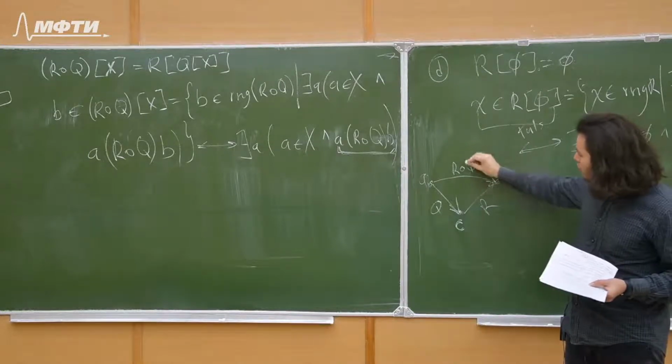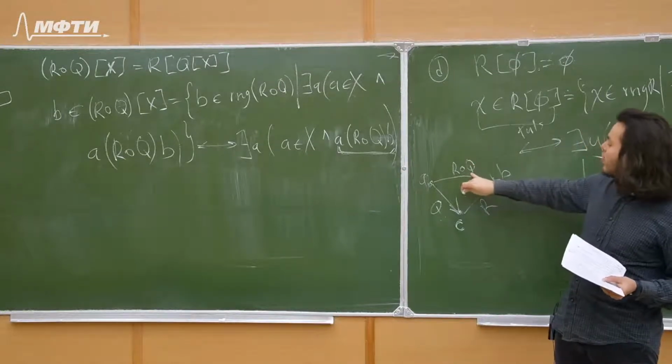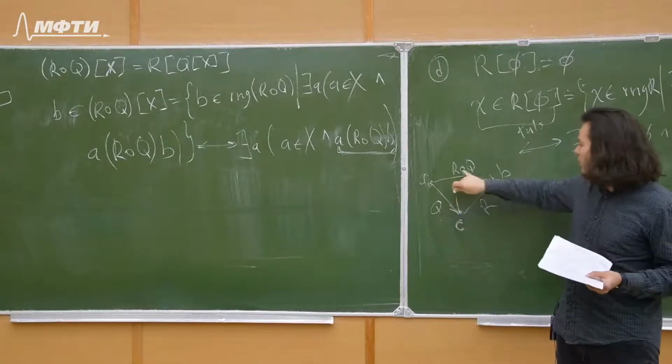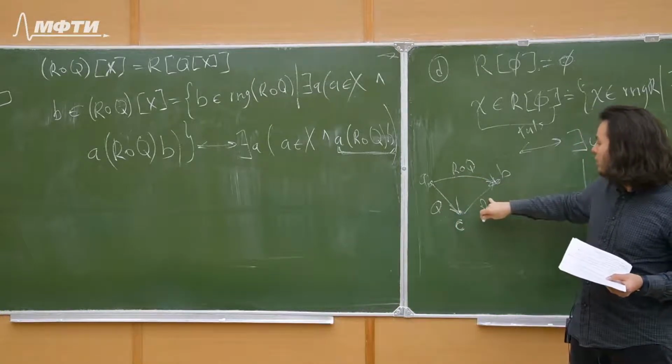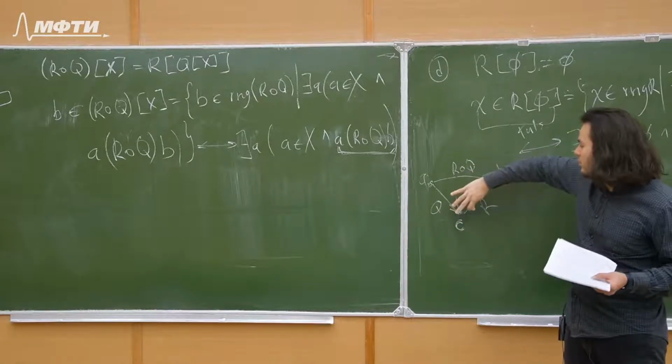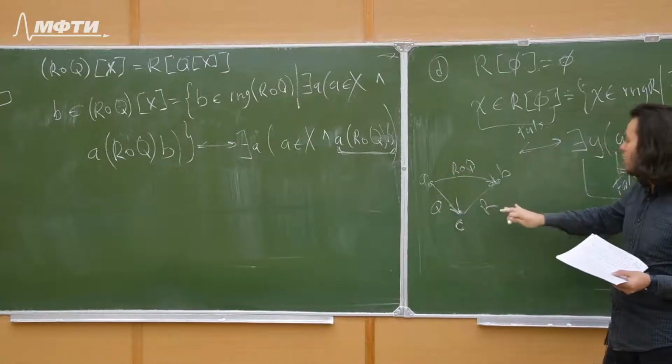Q, the one to the right, goes first, and the one to the left goes after that, otherwise it will be wrong.